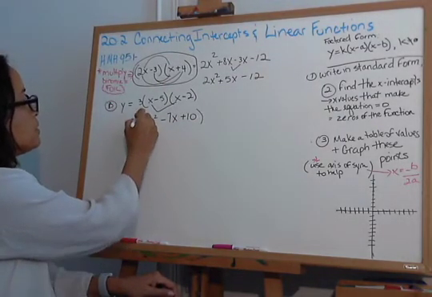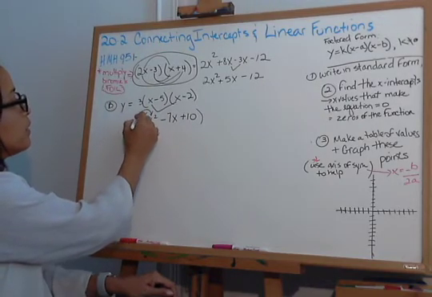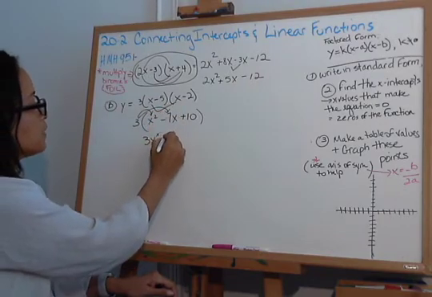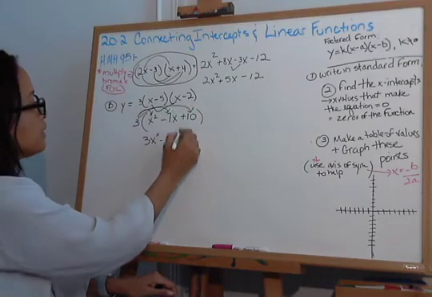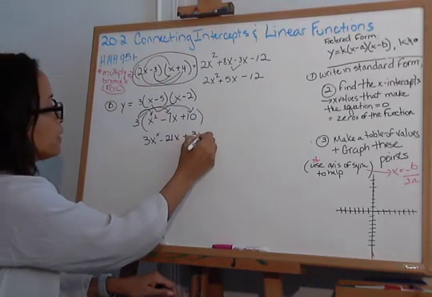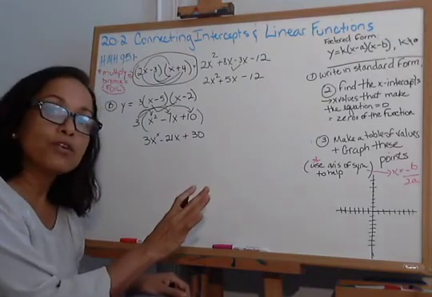So that means I'm going to distribute the 3 on each of these. 3x squared, 3 times 7, minus 21x, and then 3 times 10, plus 30. So there, I'm done. I have written this now in standard form.